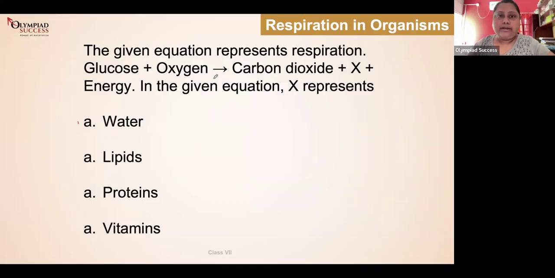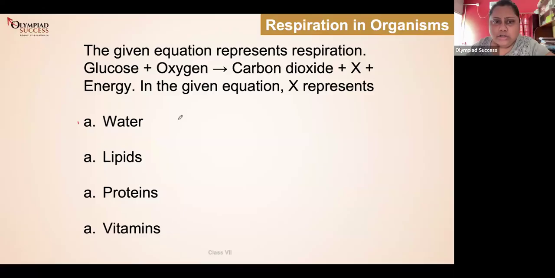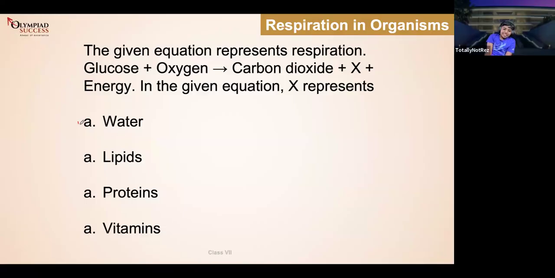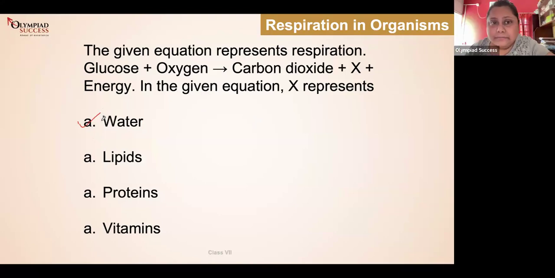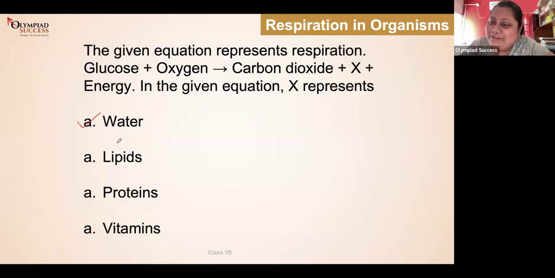The option is A, water. That's obvious, there is nothing else left. But all the options are A. Look at them: A, water, A, liquids. You give me the correct answer.